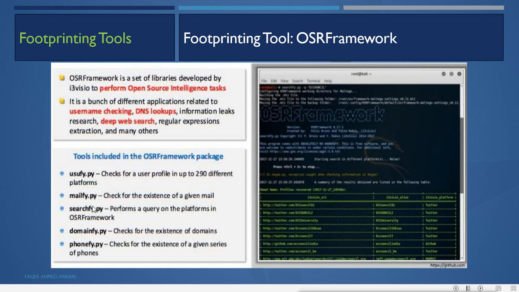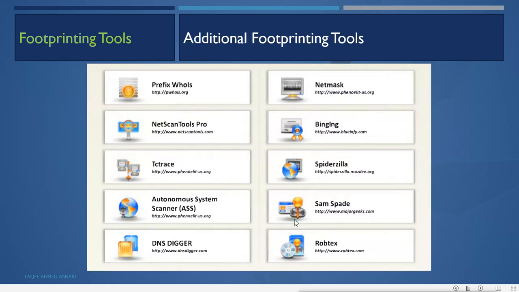Searchfy can search a query on the platform in OSRFramework. Domainfy will check the existence of domains. Phonefy checks for the existence of a given series of phone numbers. Then we have many other tools to do footprinting and reconnaissance. These are the different tools.